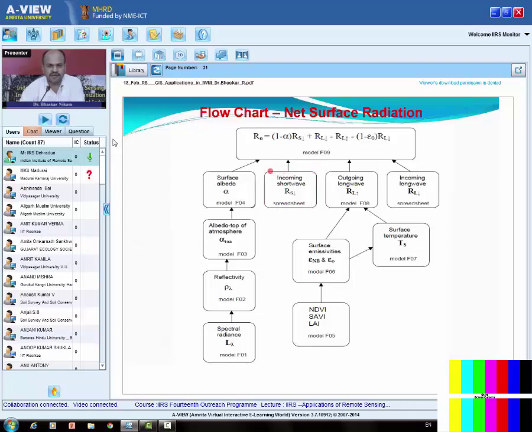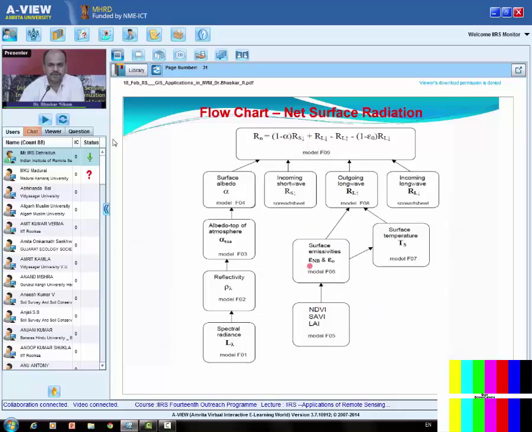The header file tells you at what time the image is being acquired, what is the solar elevation angle, and at what Julian day the image has been acquired. Because we are using optical remote sensing data, we can assume that there is a fairly good atmospheric transmissivity, because we generally don't prefer cloud covered data. So using this, you can solve the total net short wave.